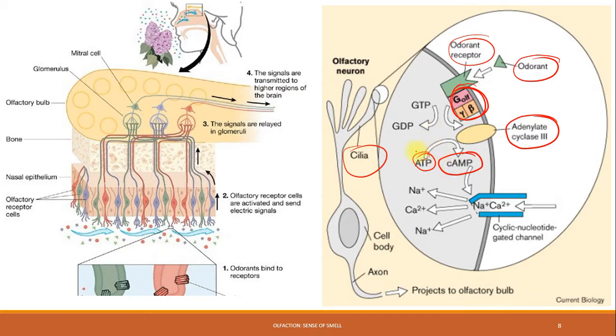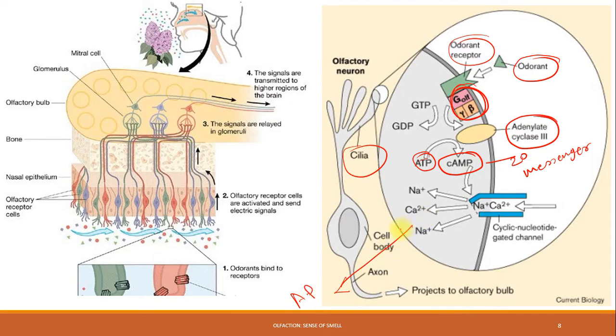So when this cyclic adenosine monophosphate is formed, which is a secondary messenger, it in turn causes sodium channels and other cation channels to open up, and when these channels open up, the cations move from outside of the cell to inside of the cell. When they move in sufficient numbers, it leads to action potential.